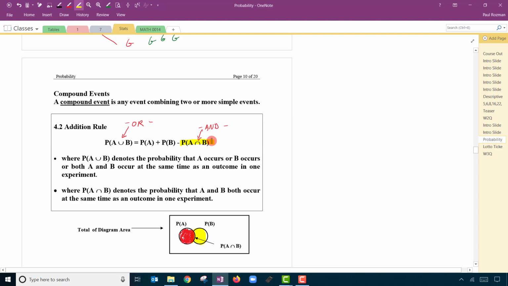This problem gets quite complicated. I mentioned at the beginning in the intro, if you have more than 2. Even at 3, let me just do a little bit of an aside. If you wanted the probability of A or B or C, it would make sense that it would be the probability of A plus the probability of B plus the probability of C. But you end up with a lot of overlap. Let me just draw a little picture here.